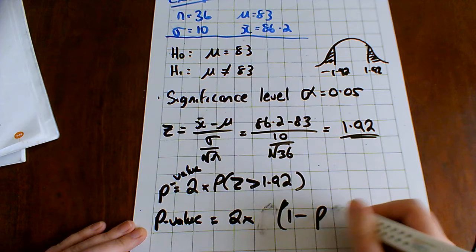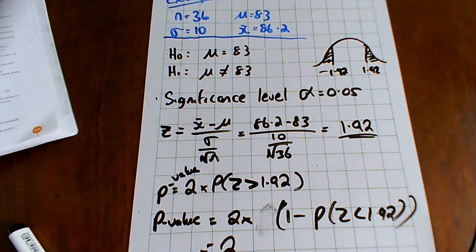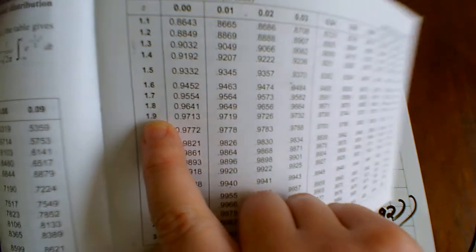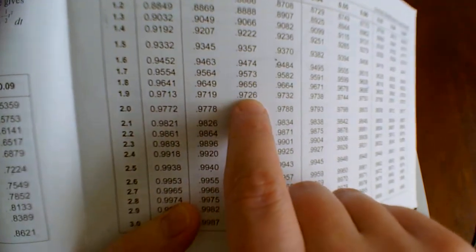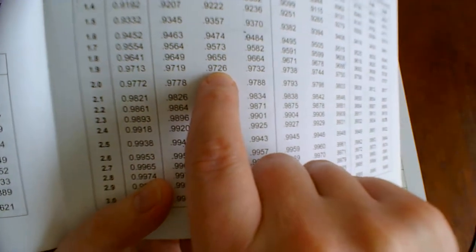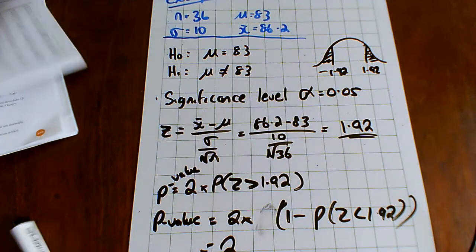Okay, we've done that loads of times before. We're looking for 1.92 this time, so our z-score 1.9 and 2, 0.9726.